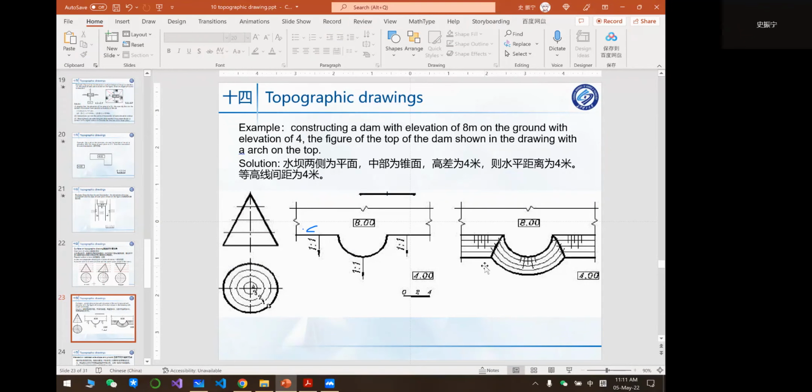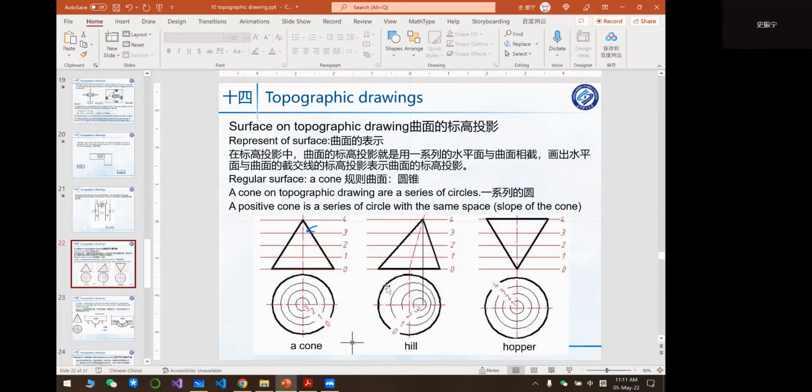As for the regular one, for example, the surface of a cone is a regular one, but as for this irregular one, it is the same way to draw.